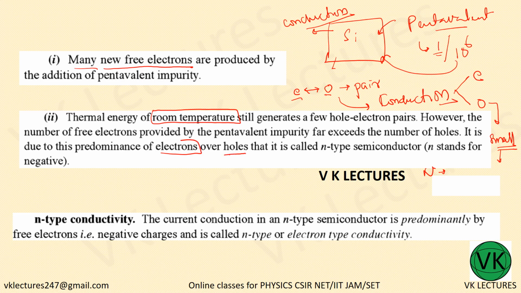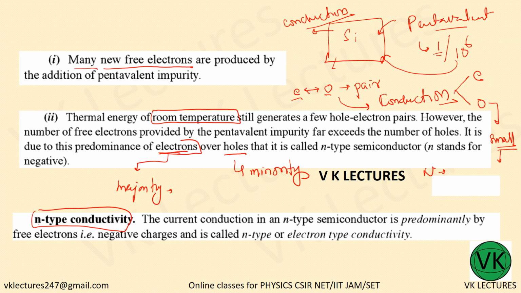That means holes are in minority, so these are called minority charge carriers. And the electrons in an n-type semiconductor are the majority charge carriers. That means your actual current will be contributed by electrons rather than holes. Now we have seen n-type conductivity.